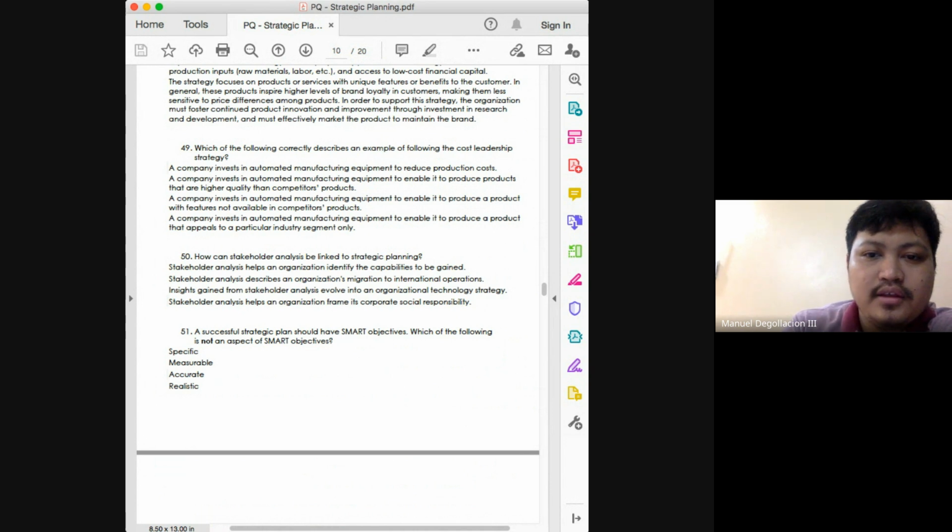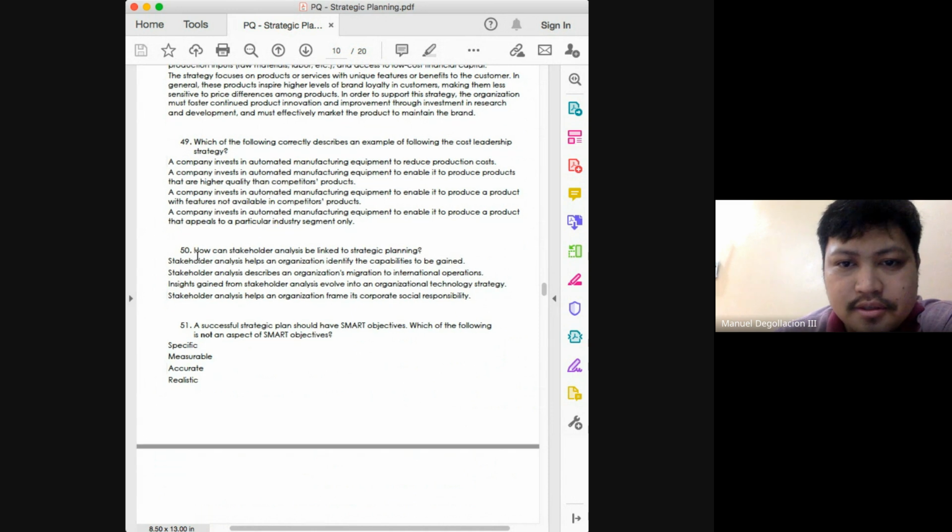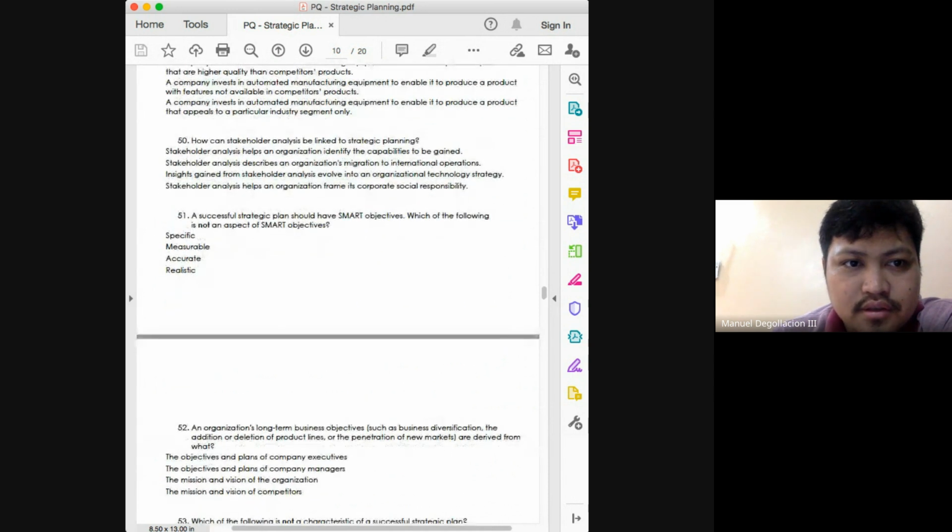Number 50, how can stakeholders analysis be linked to strategic planning? The answer here would be the fourth option. Stakeholder analysis helps an organization frame its corporate social responsibility.